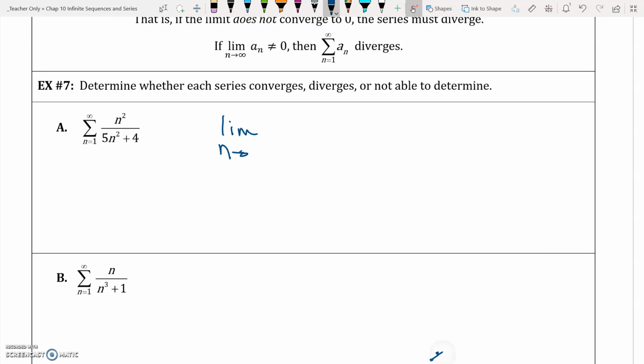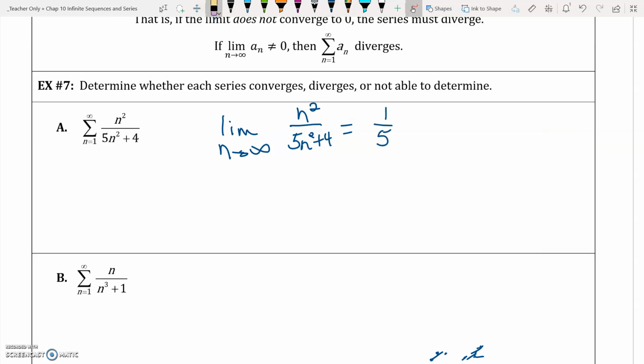We are going to take the limit as n approaches infinity of n squared over 5n squared plus 4. If we look at this, we can see the limit is going to be 1/5.